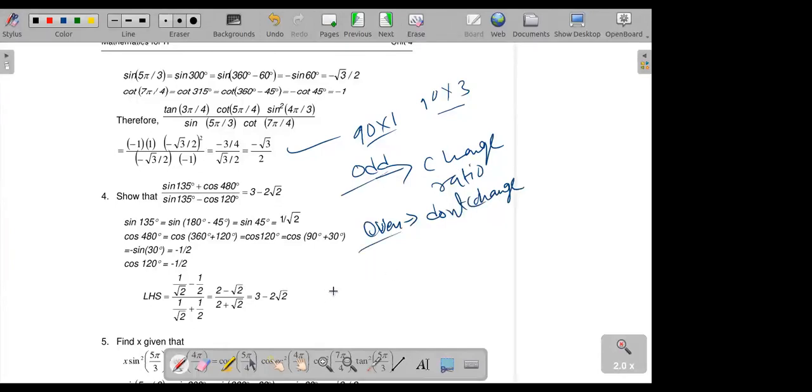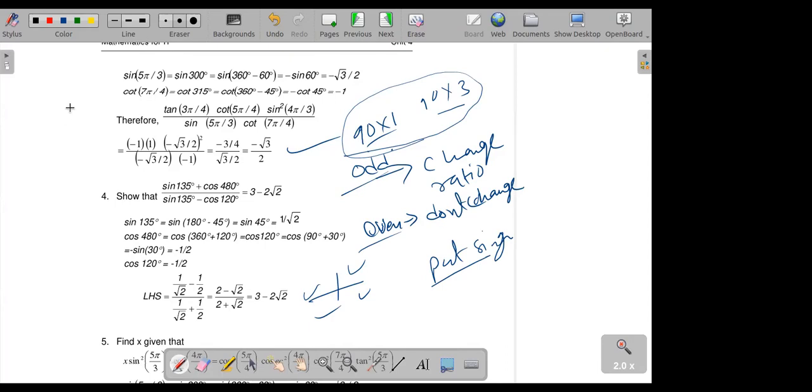And next, according to the quadrant, put the sign. This is the only thing. First, see the angle, whether it is a multiple of 90 or not. If it is not a multiple of 90, then it is a multiple of either 180 or 360, and then it will not change. So put the same ratio and just check the sign according to the quadrant.